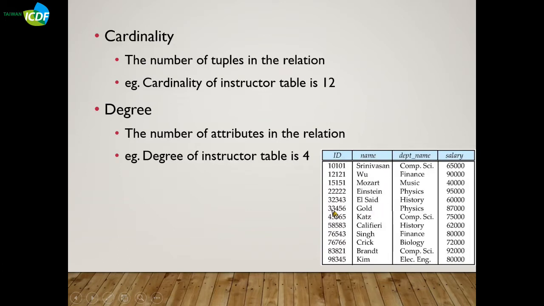For example, in the instructor relation, the cardinality is 12 because there are 12 tuples in this relation. Degree means the number of attributes in the relation. In this relation, there are 4 attributes, so the degree is 4.